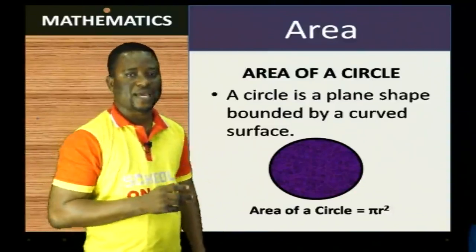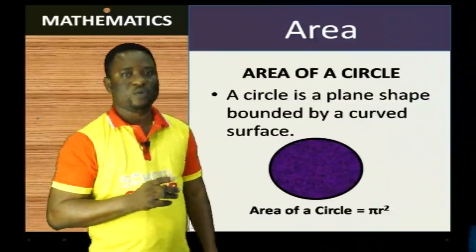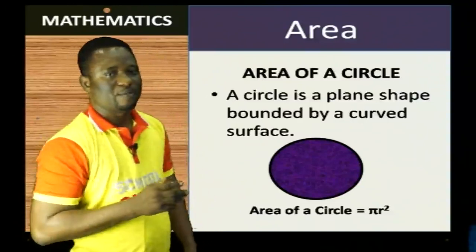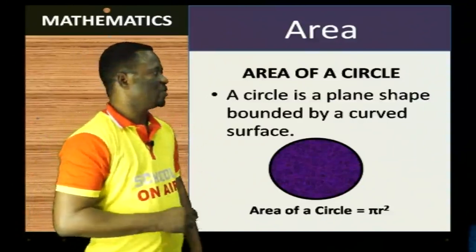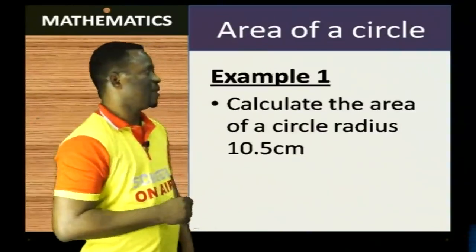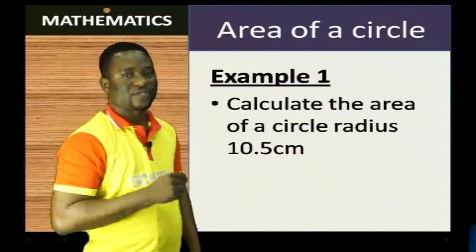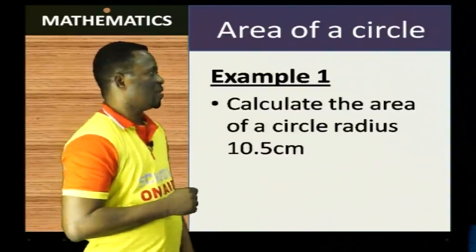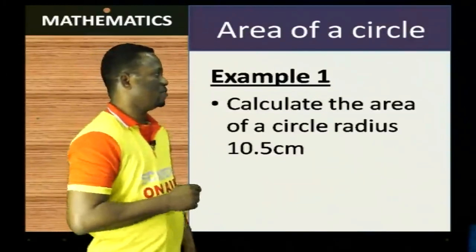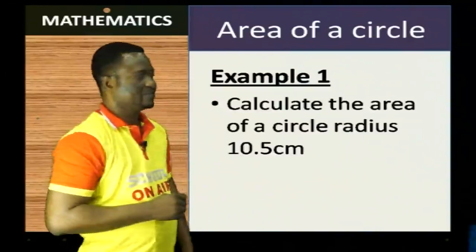The pi is a constant and it has a value of 22/7, while the radius is determined by the value given in the question. Now let's go to an example to illustrate the calculation of the area of a circle. This question goes thus: calculate the area of a circle of radius 10.5 centimeter.